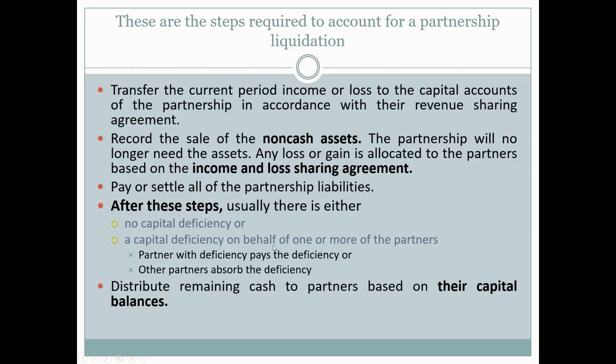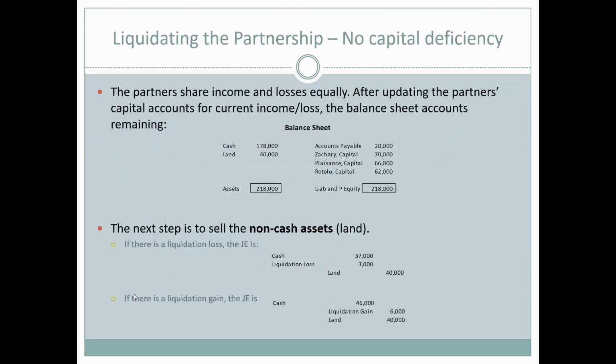A capital deficiency on behalf of one or more of the partners will mean either the partner will pay the deficiency or the other partners will absorb the deficiency. It's one or the other. After that, then you will want to distribute any remaining cash to the partners based upon their capital balances. And we'll see what that means as we walk through this example.